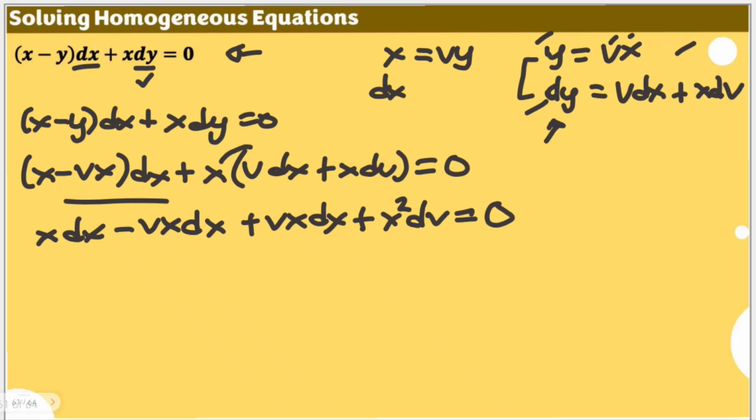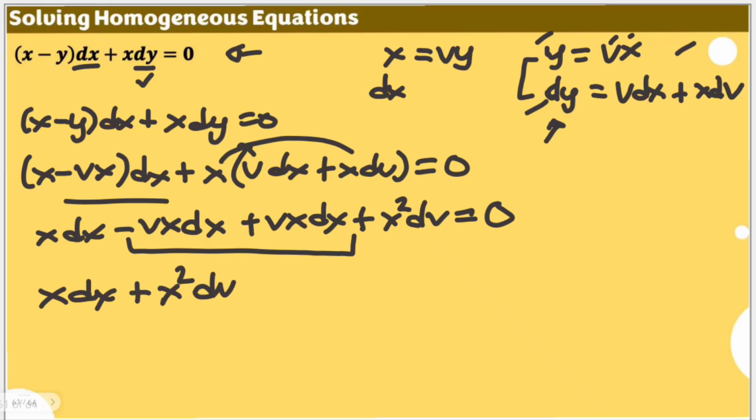As you substitute your x here, in short, you will see that something like this will already be removed. You will have x dx plus x squared dv equal to 0. Now from here, what we need to do is to separate our variables. We are going to manipulate this in such a way that what is paired with dv will only be variables with v, and with dx will be variables of x.